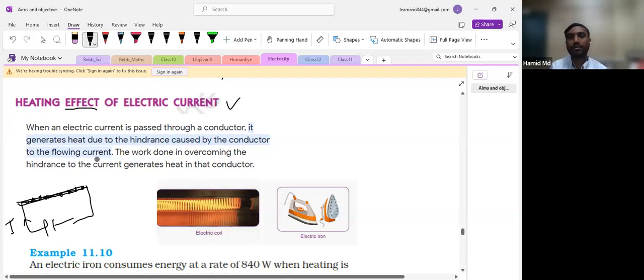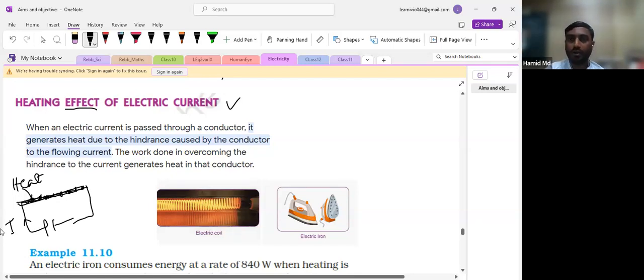These electrons, due to the structure of the wire, feel some resistance, right? Resistance means the opposition to the flow of current. So due to the opposition to the flow of electrons, what will be the consequence? Heat will be generated, right? Heat will be generated. Got the point?